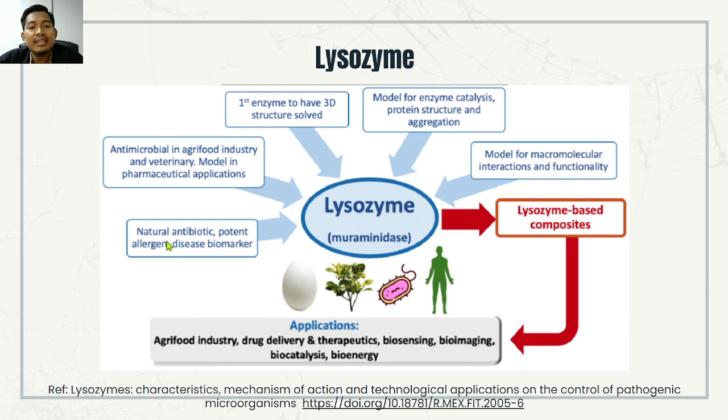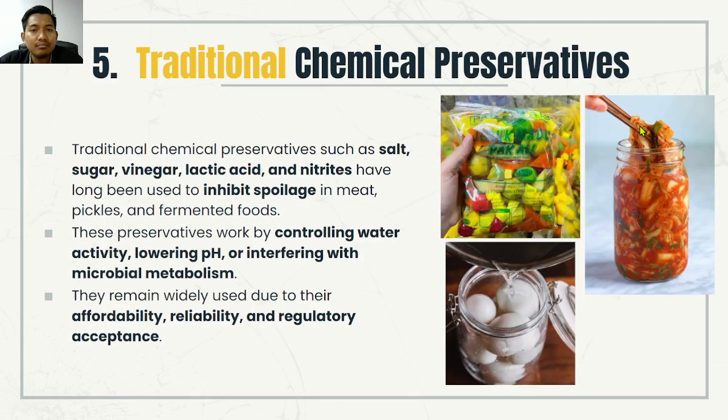So it is a natural antibiotic, potent allergen and disease biomarker, antimicrobial in agri-food industry and veterinary, model in pharmaceutical application. It is the first enzyme to have its 3D structure solved, model for enzyme catalyst, protein structure and aggregation, model for macromolecule interaction and functionality, and it is a lysozyme-based composite. So this kind of preservative is also in trend in the food industry nowadays.